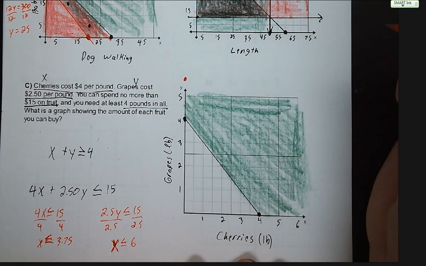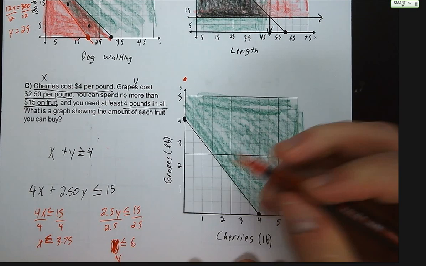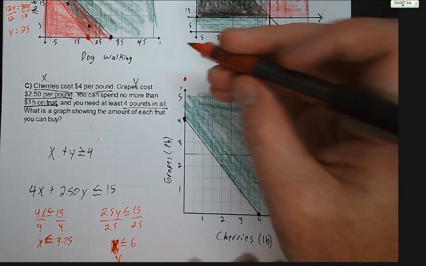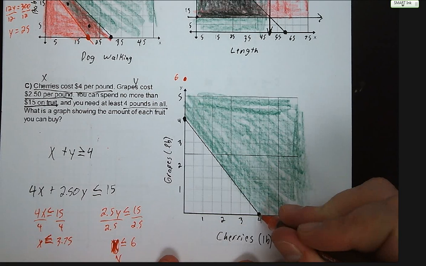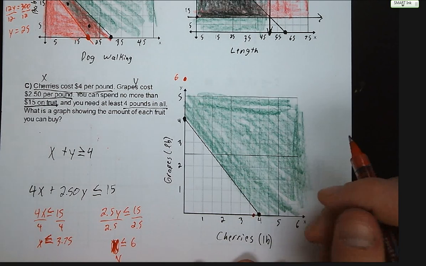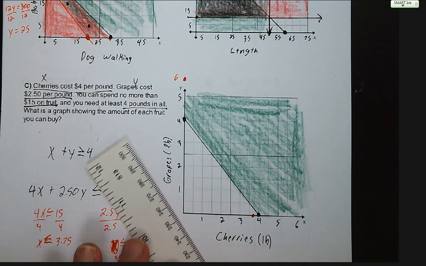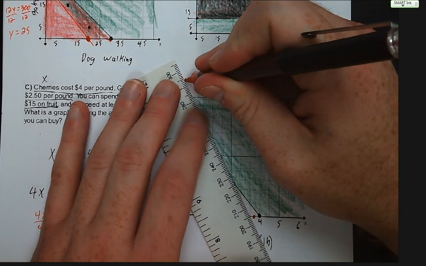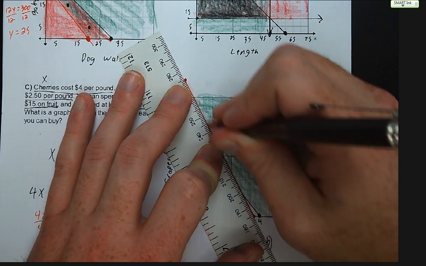Okay, so we have y is 6, so there's 6 up there. Y is 6, and x would be 3.75, so that would be right about there. So we need to connect our dots. All right.